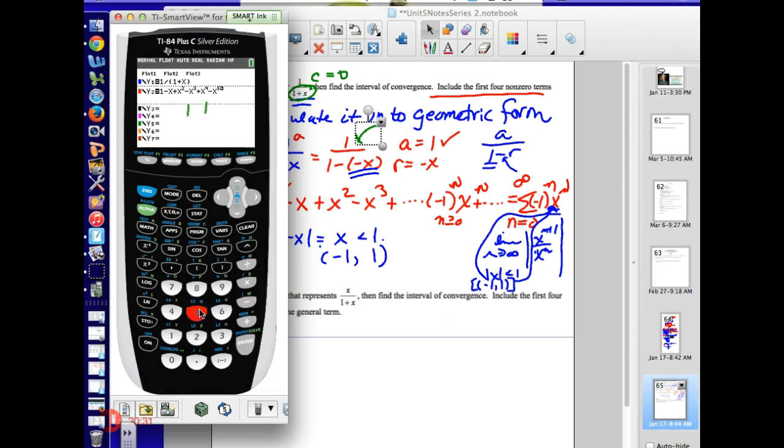And within the interval from negative 1 to 1, I should have a really good fit.